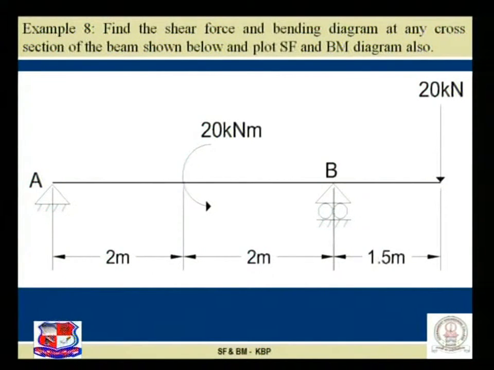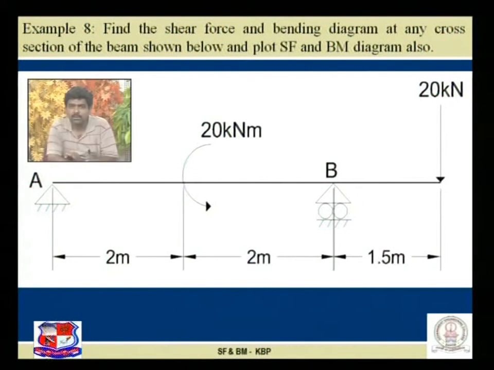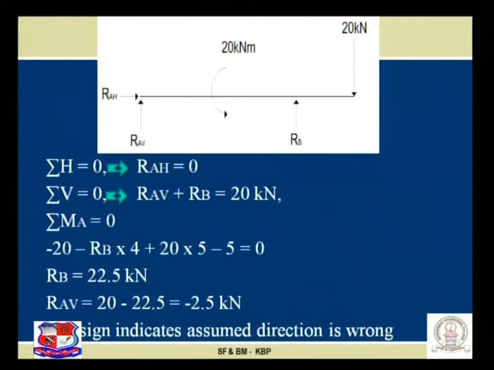Step number 1 is the determination of support reactions by using 3 static equilibrium conditions, and the conditions are sigma H, sigma V and sigma M at any particular point, which are equated with 0.